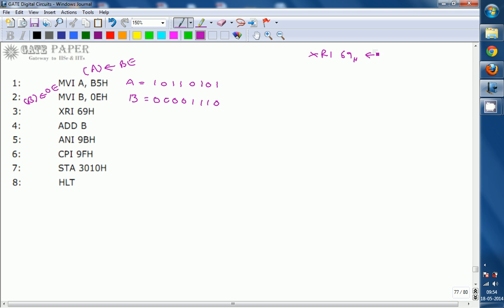So the accumulator is loaded with the XOR operation between the contents of the accumulator and 69. So 69 and the accumulator contents are going to be XORed and the result is stored in the accumulator register.